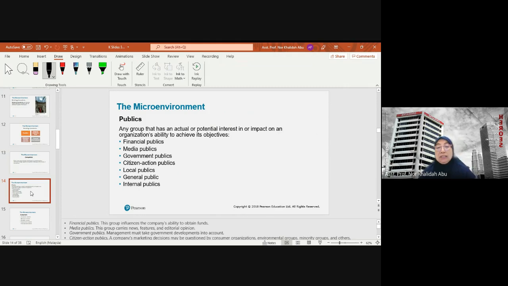So these are probably some of the things that you have to monitor, to see whether there are any threats. For example, if there are threats from the media publics attacking your product or your activities, probably you have to work on your public relations.